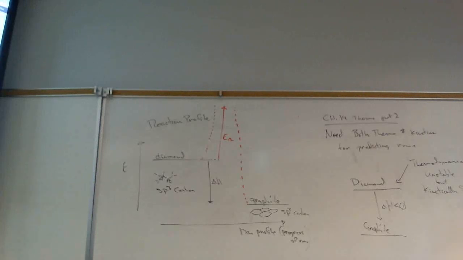Here's without catalyst. Here's with catalyst. So with catalyst, it provides a totally different pathway to react with much smaller hills to climb. This is called a homogeneous catalyst because the catalyst and the reactants are in the same phase. We also have heterogeneous catalysts, which are very common.